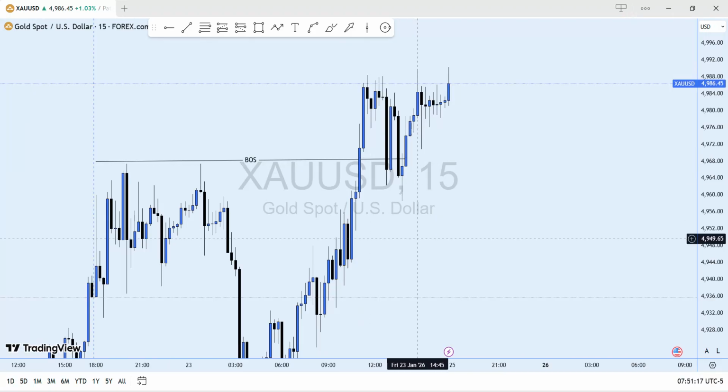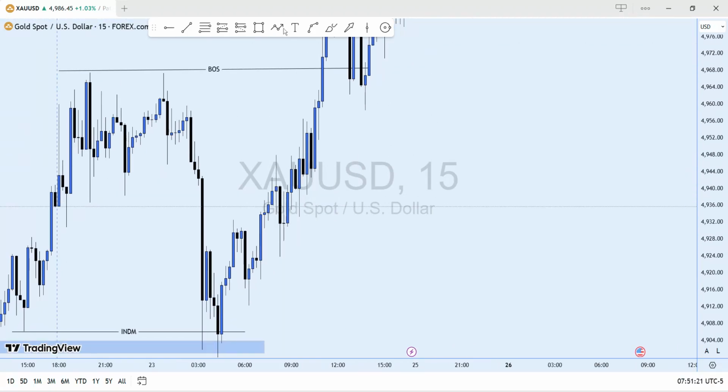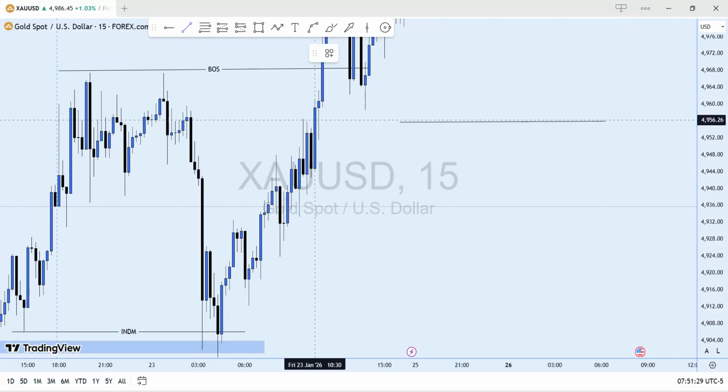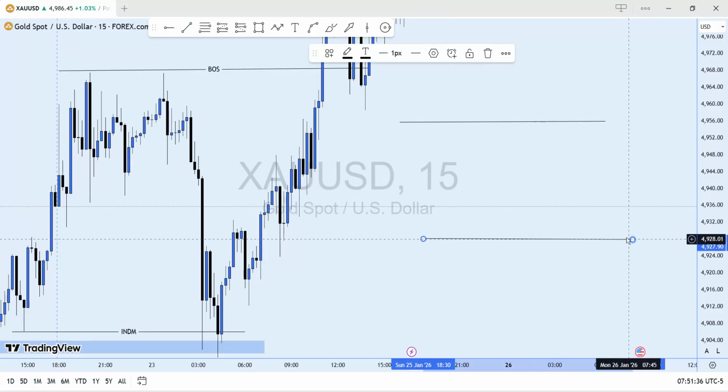All right, so now this is where the structure broke from. As you can see, the market was doing something like this, and like this. These are the two points, support and resistance, right?